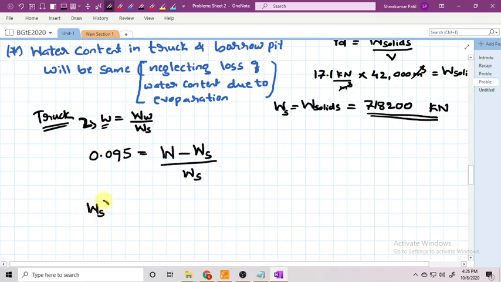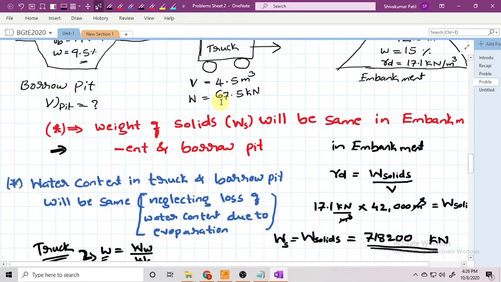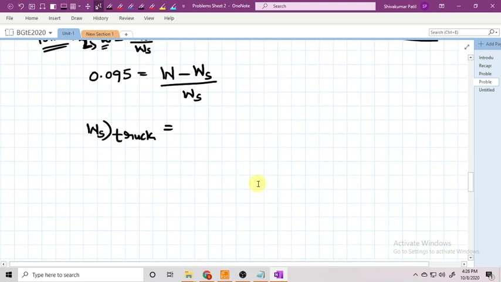Weight of solids in the truck equals total weight minus solids; total weight they have given: the truck can carry 67.5 kilonewton of soil. So 67.5 kilonewton minus weight of solids in the truck, which I don't know, right?